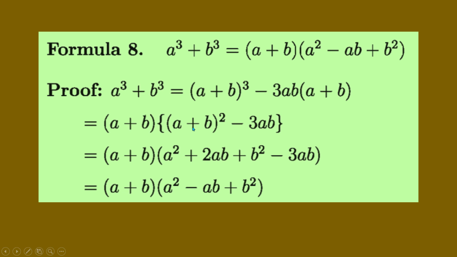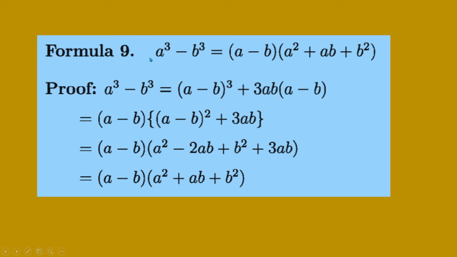Okay, but (a + b)² equals what? a² + 2ab + b², and here minus 3ab. After calculating this line, this part is fixed, and here a², here plus 2ab, here minus 3ab, so here will be −ab + b². This is formula number 8. Clear, student?